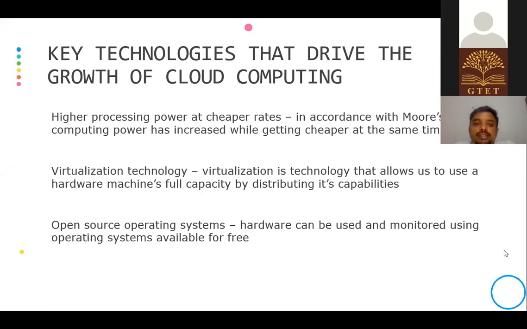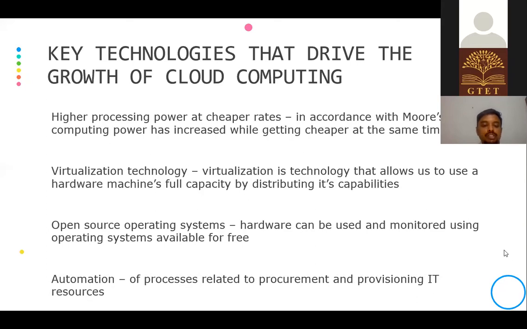This also has implications for the development of the software, how rapidly it can evolve, and how people can innovate, because you don't have to be part of an organization to contribute. You can do it sitting at home, if you have access to a computer and an internet connection. Open source operating systems have been key drivers for virtualization technology, which is again very important for cloud computing to operate the way it does.